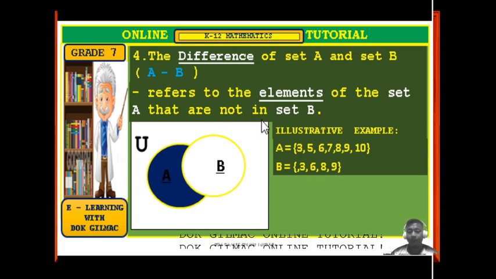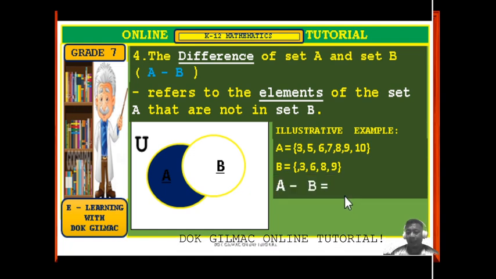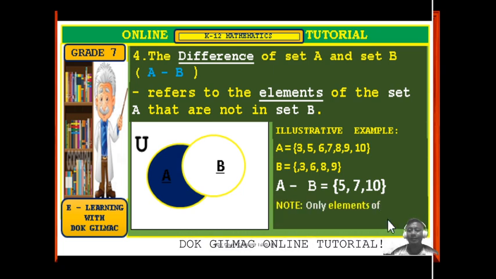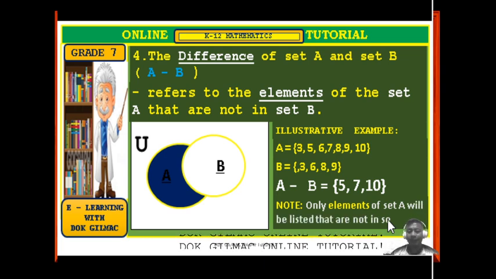So what we are to list down for A minus B are elements of A that are not in B. So we have 5, 7, and 10. So take note of that. 3, 6, 8, 9 are not included. Okay? So take note, only elements of set A will be listed that are not in set B.